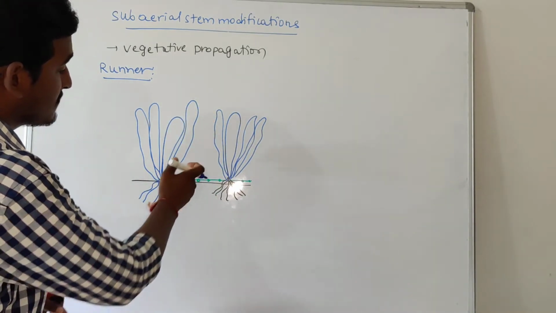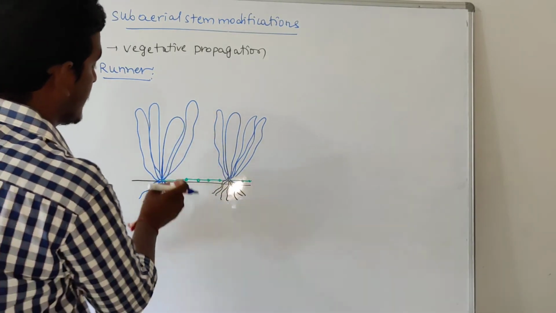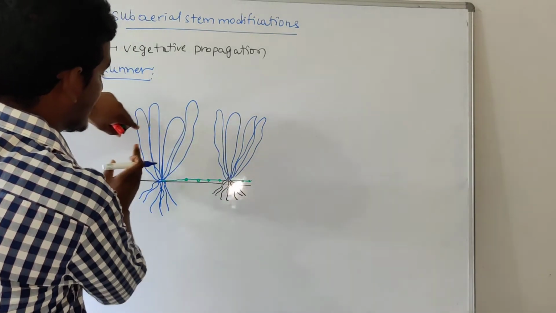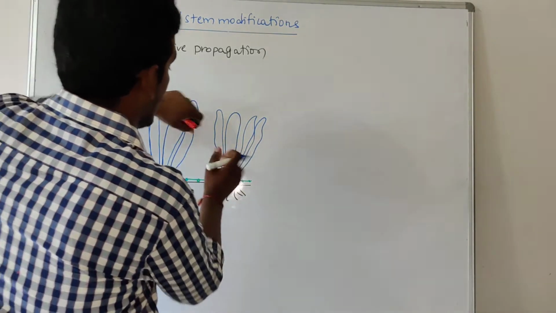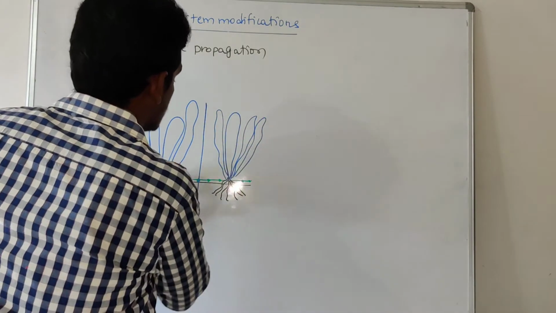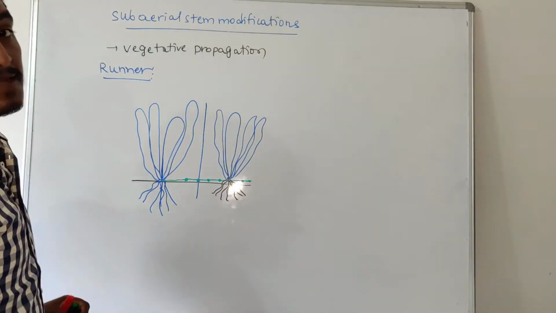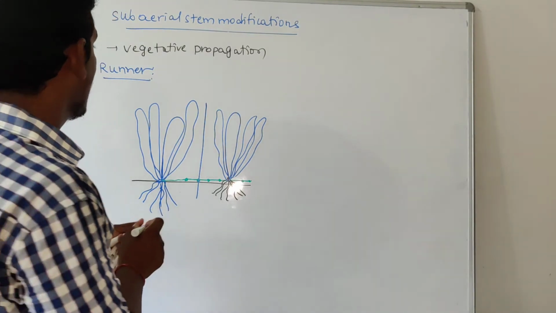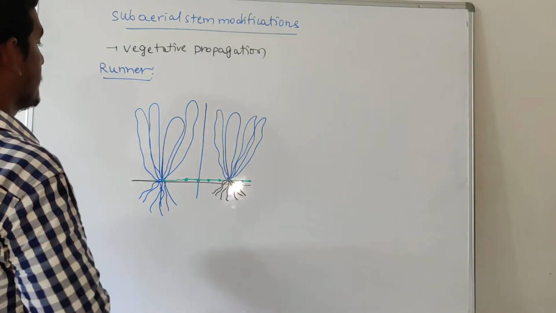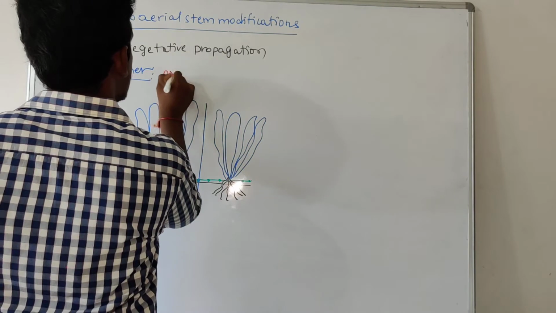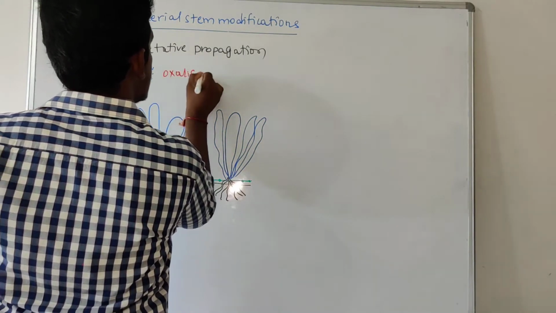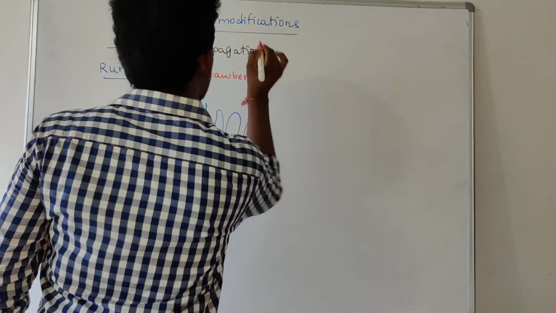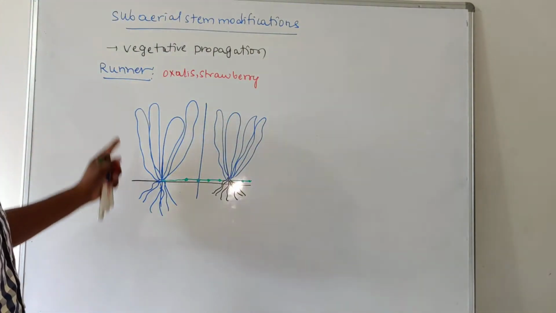When this node or internode breaks off from the parental plant, the daughter plant separates and grows as an individual. Examples of runner are oxalis and strawberry. So that is about the runner.